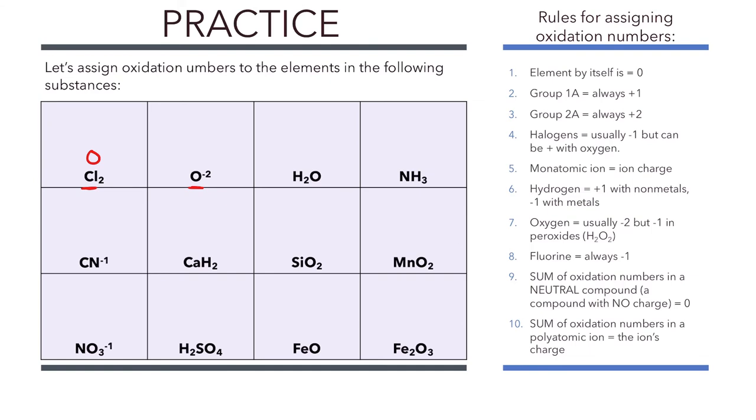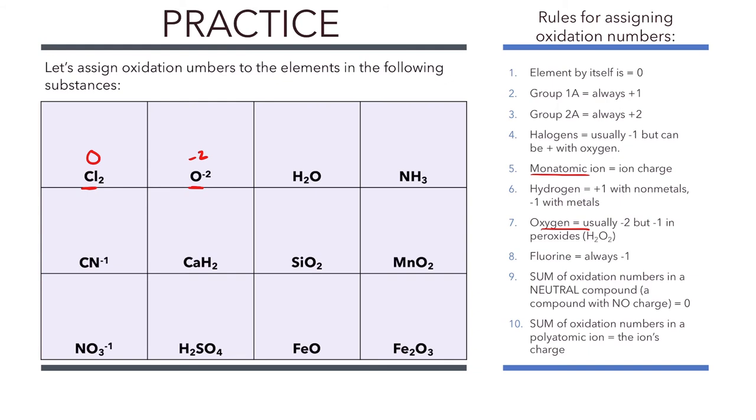Oxygen, in this case, has a -2 charge. So although this oxygen is alone, it is not in its elemental state. It's an ion. And so the oxidation state here for oxygen will be -2. We could look at the rule for oxygen for that, or we could think about the rules for monatomic ions. Either way, it's -2.